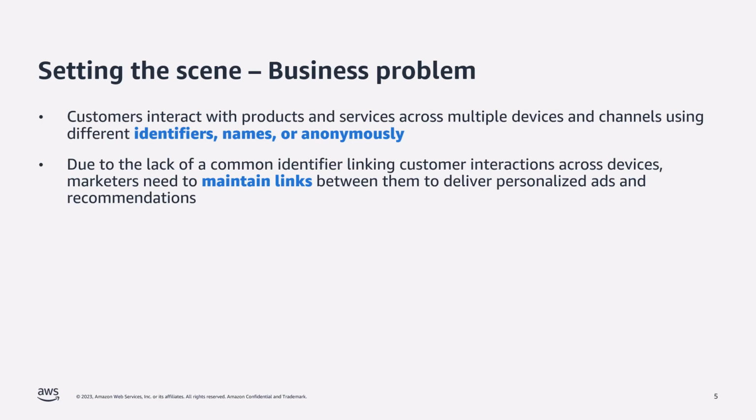Maybe they have a phone, a tablet, a laptop. And sometimes they might be browsing the platform while logged in, or sometimes anonymously. But in the end, all of that browsing activity, even though it's coming from different channels, is tied back to a single unique person.